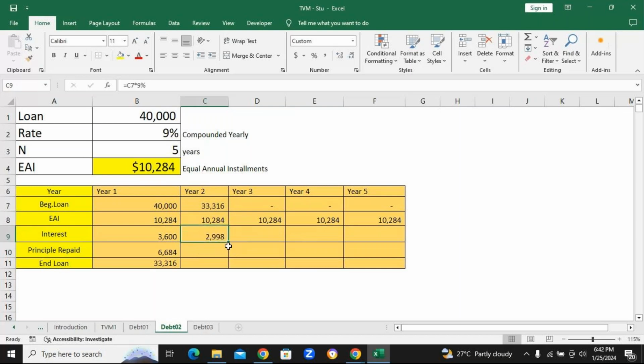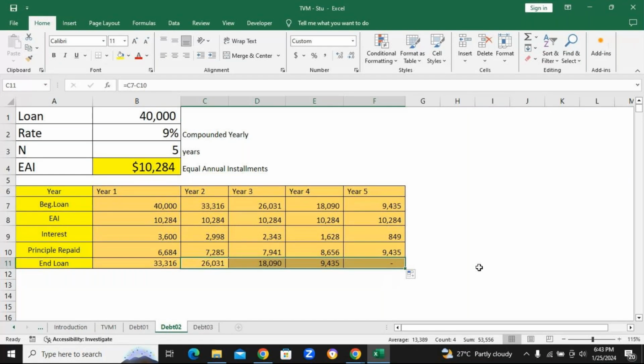Enter, and I'm going to drag this towards my right. Principal repaid is EAI minus interest. I will do the fill handle here: 33,000 minus principal repaid.